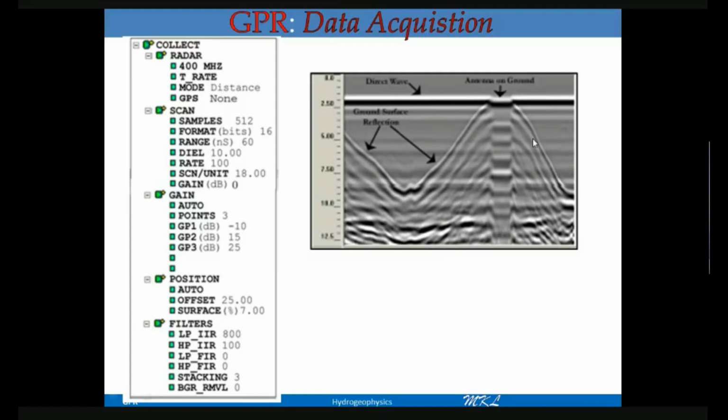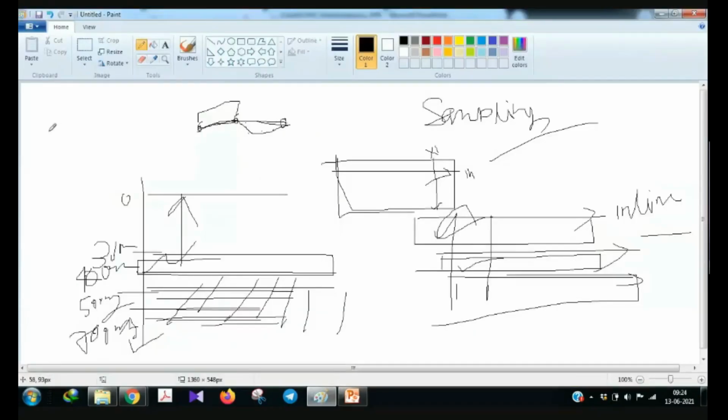This could be the raw data. This is the direct wave. First, you will have the direct wave. How are direct waves generated? From the FD theory, you know that the wave going from transmitter to receiver is called the direct wave, and one wave goes through or from the target.